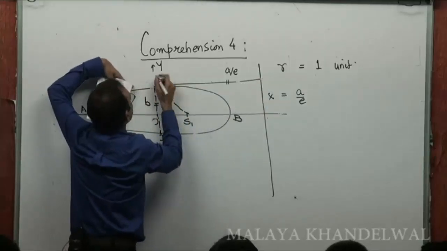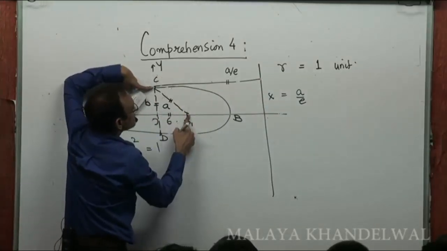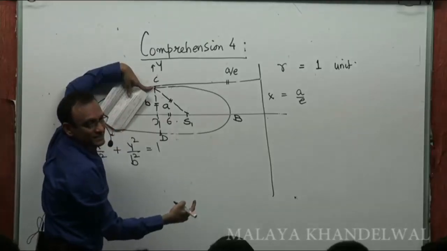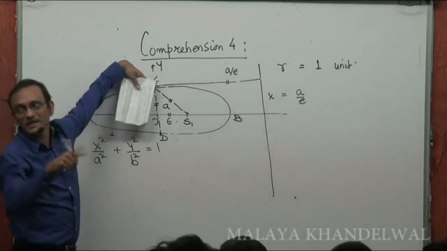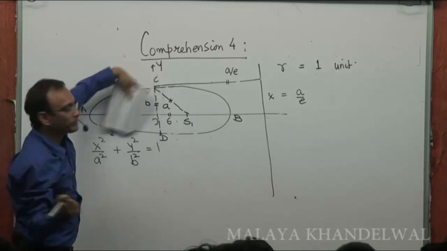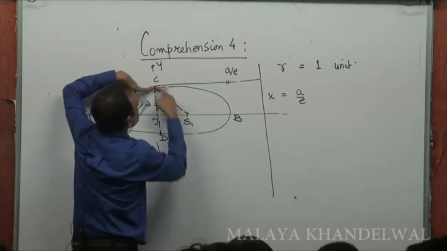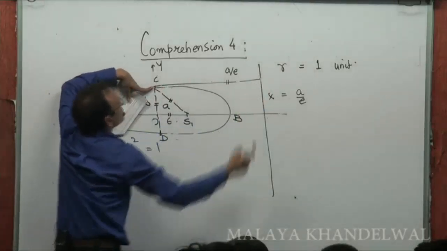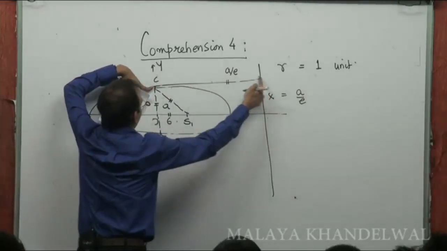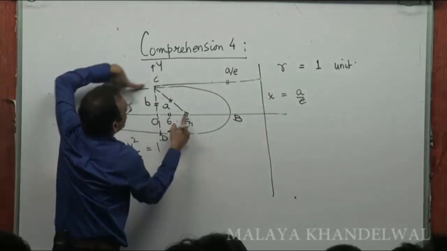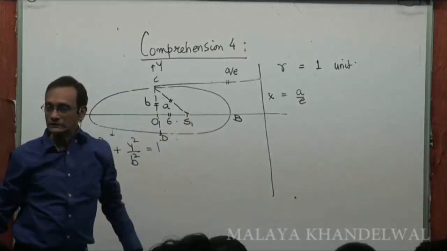That's a property of the ellipse, isn't it? Yes, SP is E times PM1, for any point on the ellipse. And this distance is A by E. So E times that is going to be A.